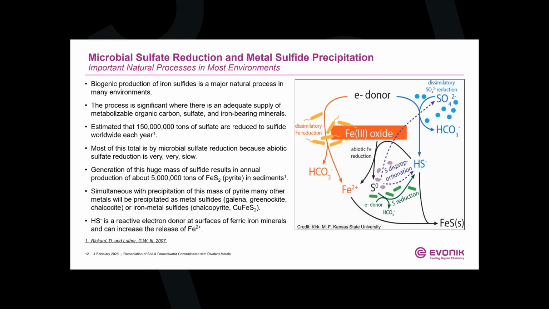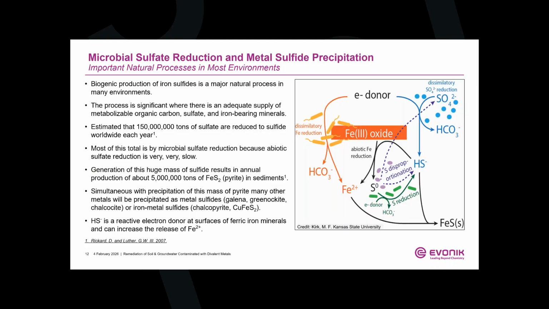Now you have an environment that is rich in iron and free sulfide, and that will precipitate as iron sulfide. If you have divalent heavy metals of other types, they will also precipitate under that condition, or else be trapped in the iron sulfide as it precipitates, and you end up with iron divalent metal sulfides as well.